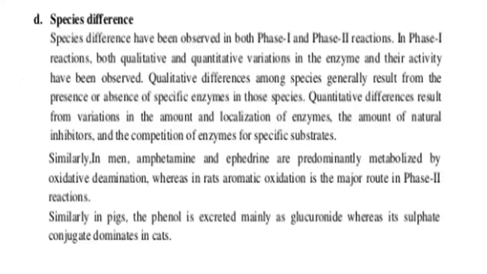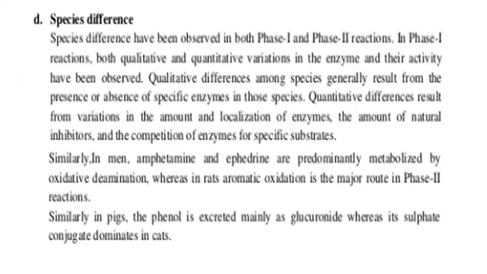Then species variation. The rate of metabolism varies from one species to the other. Species difference has been observed in both phase 1 and phase 2 reactions. In phase 1 reaction, both qualitative and quantitative variation in the enzyme levels have been observed.